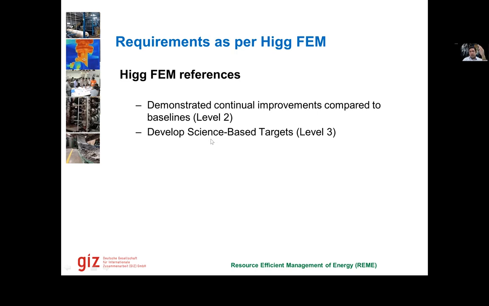And why do they call it science-based? Because according to science, we must retain the Earth's global average temperature at a maximum of 1.5 degrees above the pre-industrial level. And according to the recent IPCC report, we are going to cross this 1.5 degrees Celsius global warming by 2030 already.